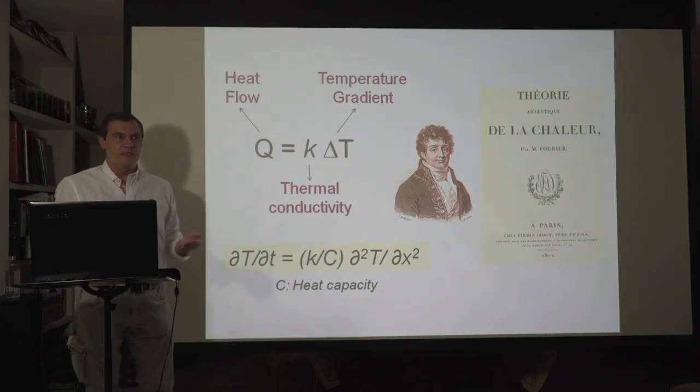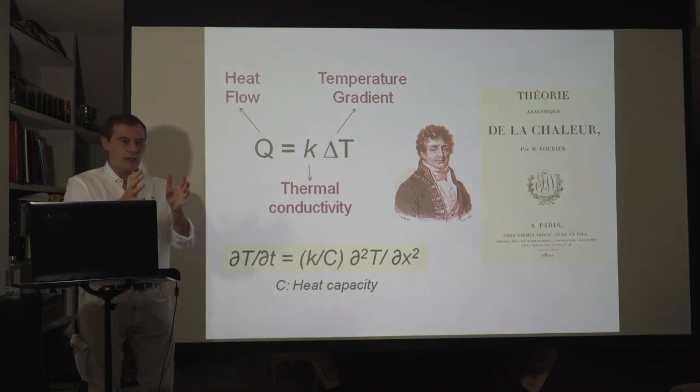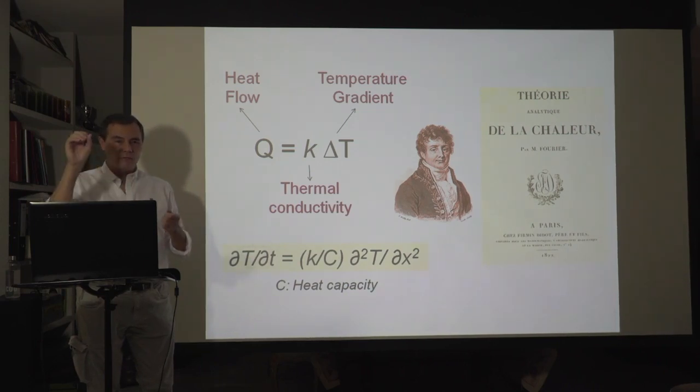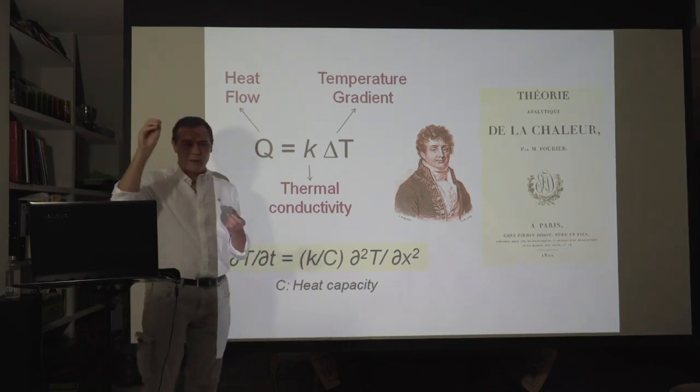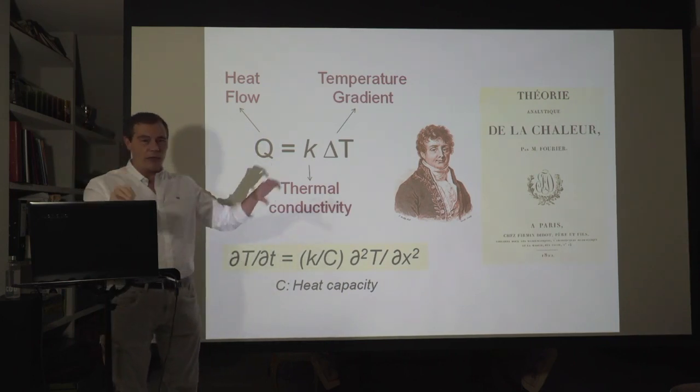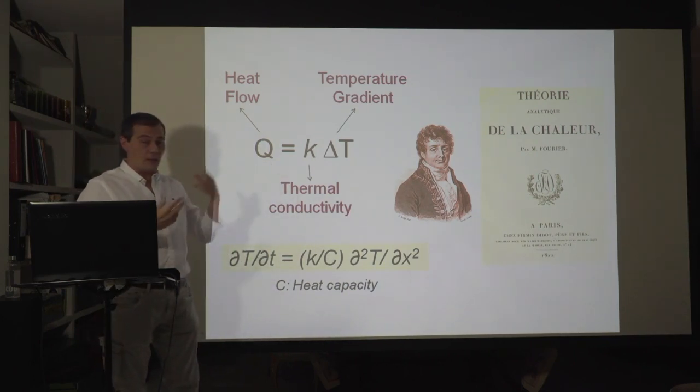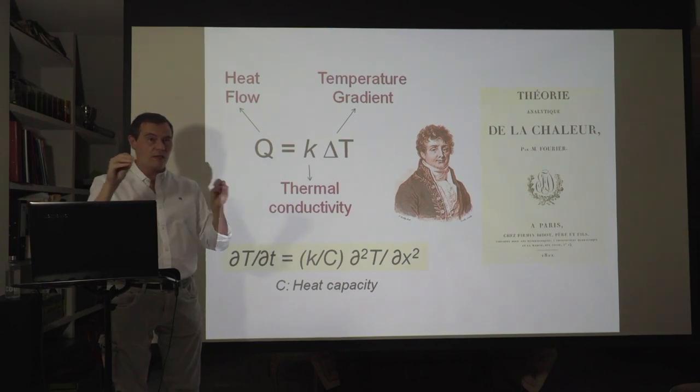So we can say, yes, sure, if I have a material here, the heat flow, or the velocity or the time that the heat takes going from this point to that point, depends on two things. It depends on the material and it depends on the difference of temperature.